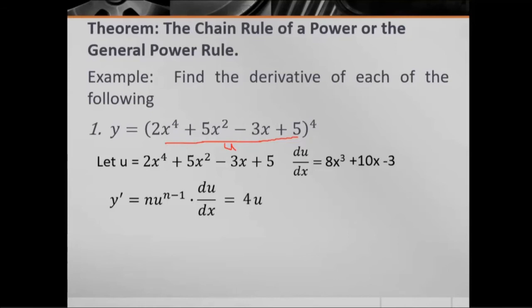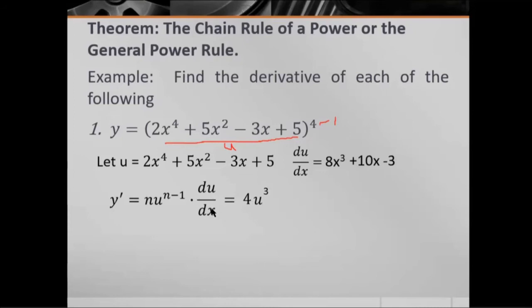So, we have 4u. Then, our 4 minus 1 makes it 4u cubed. Okay? So, n u raised to n minus 1 became 4u cubed.